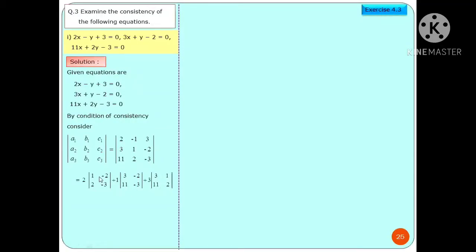Now solving the determinants, we get 2 times minus 3 plus 4. Next, plus 1 into minus 9 plus 22, plus 3 times 3 into 2, which is 6, minus 11 into 1, which is 11. Finally the total is obtained. 1 multiplied by 2 is 2.